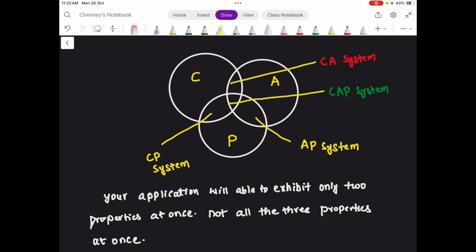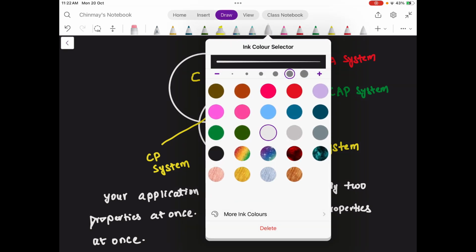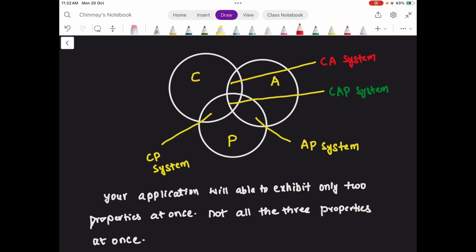This will not exist at all. At once, it only exhibits two properties. That means it will be a CA, CP or AP system, but not all three. This is what the CAP theorem denotes.